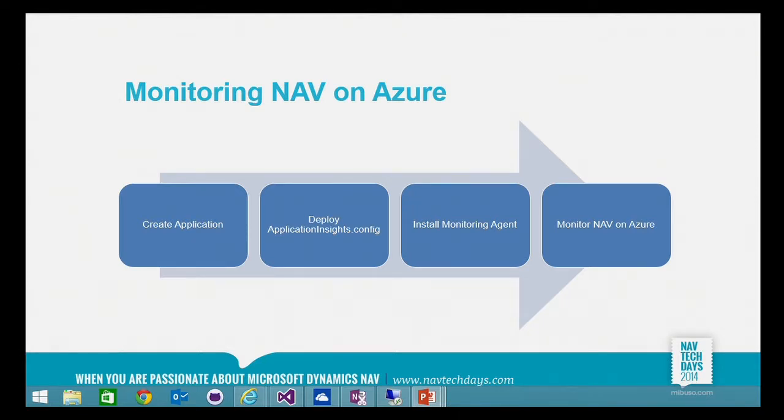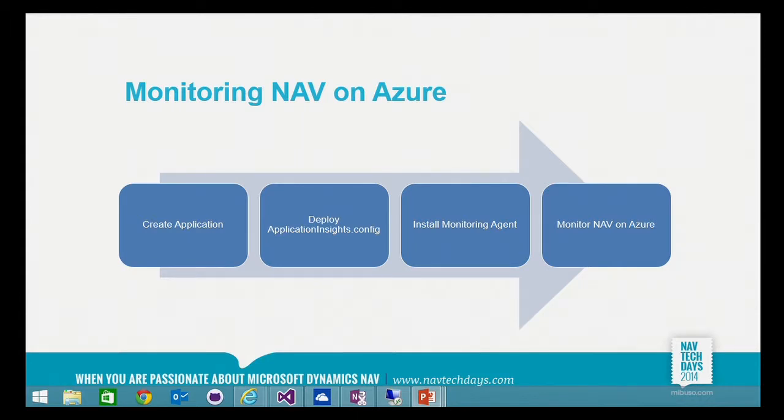The good news is that the Azure teams and the Visual Studio teams have been working on this problem. I think two separate teams on the same problem, but now it's all coming together in this tool called Application Insights, which integrates into Visual Studio and lets you instrument any application, but it also allows you to monitor existing applications, in this case NAV.